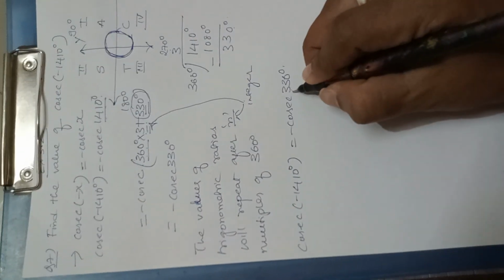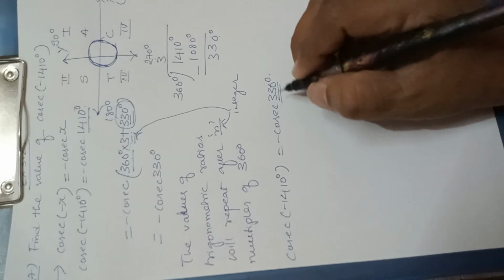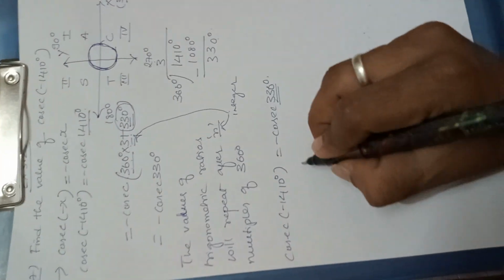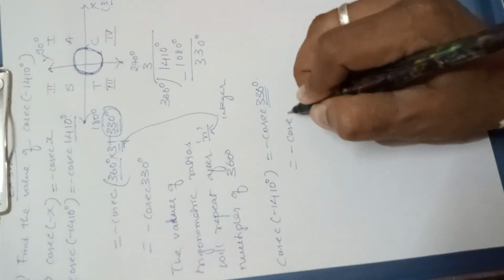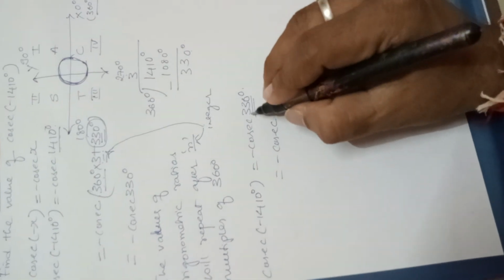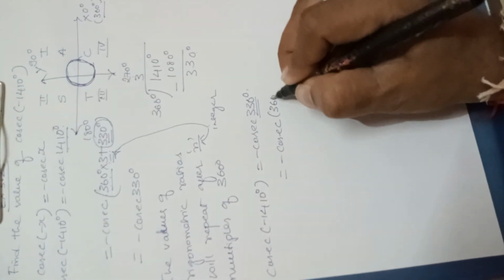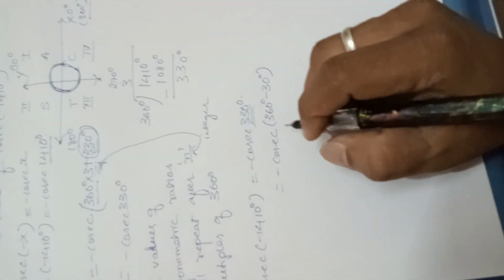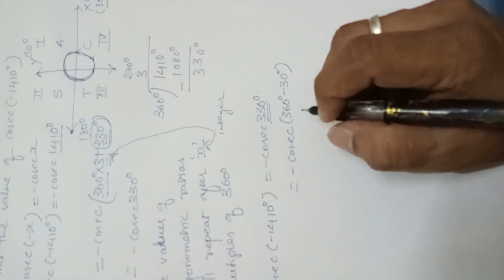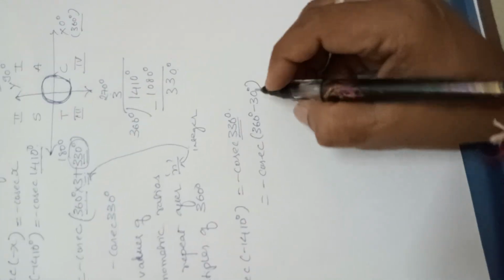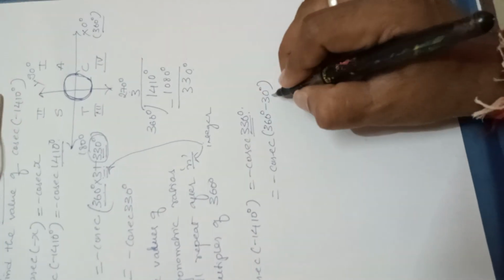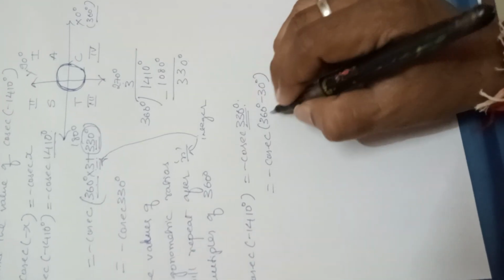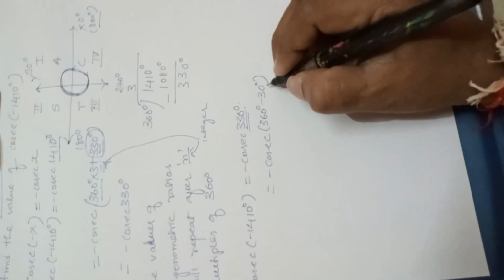Now how do we write 330 in terms of 360? Cosecant 330 degrees is cosecant of 360 minus 30 degrees. A question may arise: why are we expressing 330 as 360 minus 30 degrees?